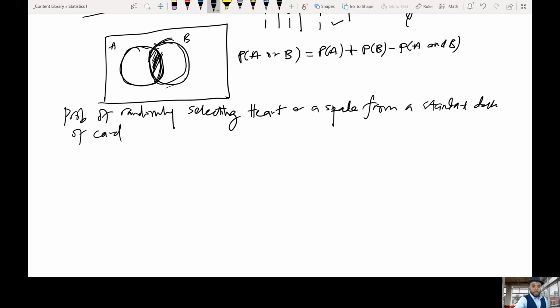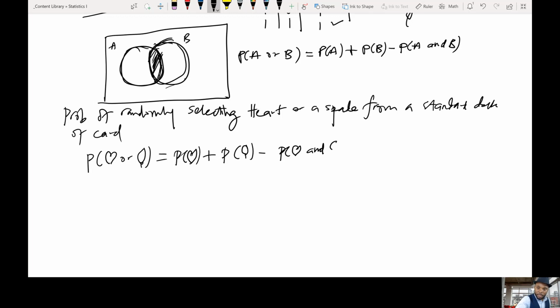Again, this will be the probability of a heart, let me draw the heart, looks good, or a spade. This is equal to the probability of a heart plus the probability of a spade minus the probability of a heart and spade in a single trial, which is impossible.